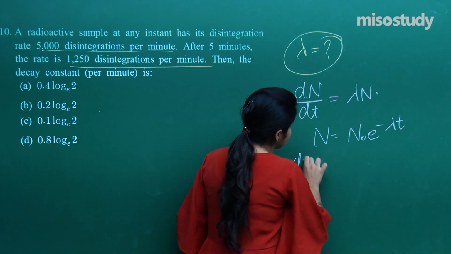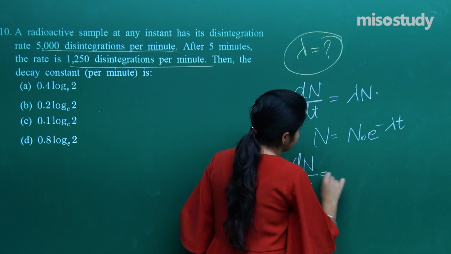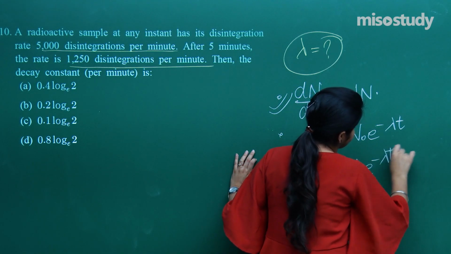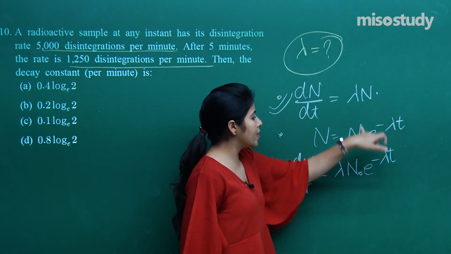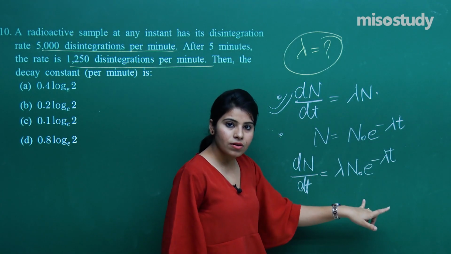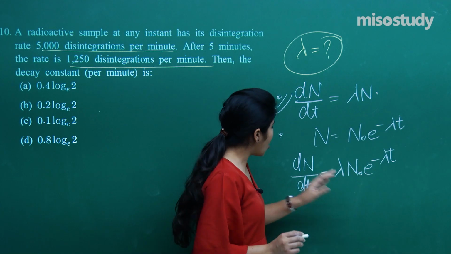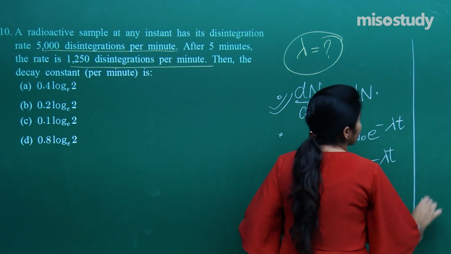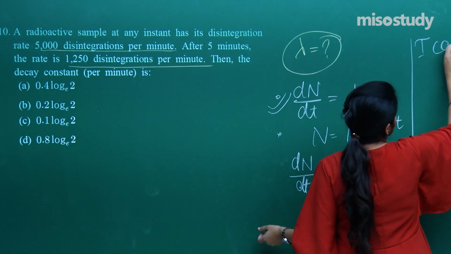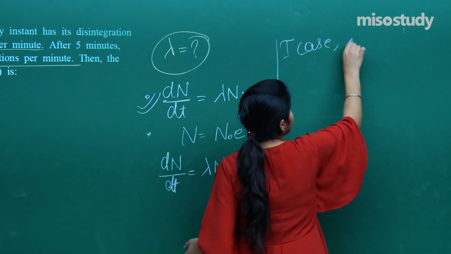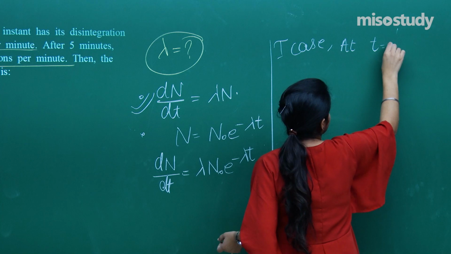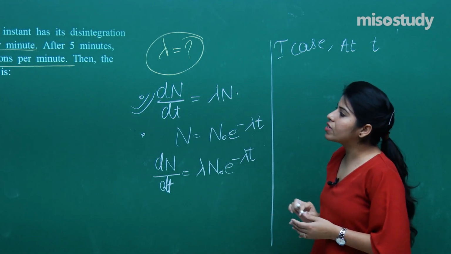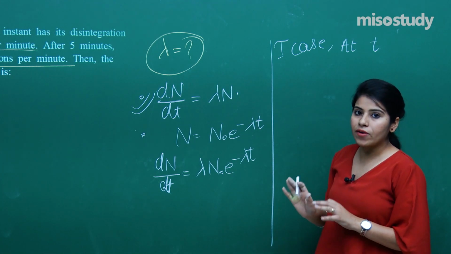So my dN by dt is lambda N naught e raised to the power minus lambda t. In place of N, I have just written this statement, right? Pretty easy. Now we have been given the first case, so let me do it in two parts. At any time, say time t, the rate of disintegration per minute is 5000.